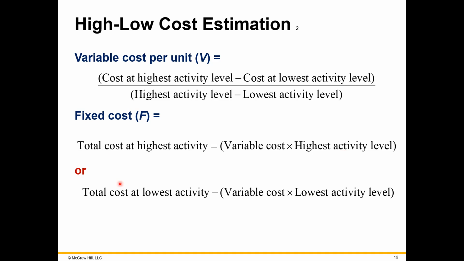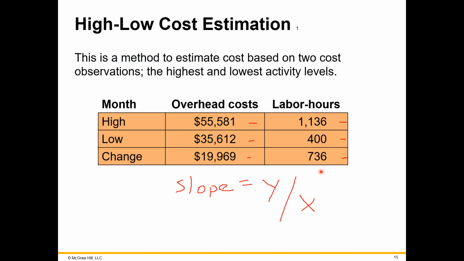And once we have total cost and variable cost, we can find fixed cost. So again, let's remember these two numbers, $19,969 and 736 labor hours.